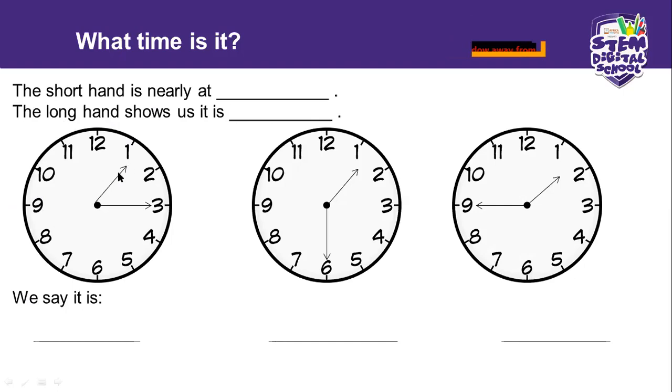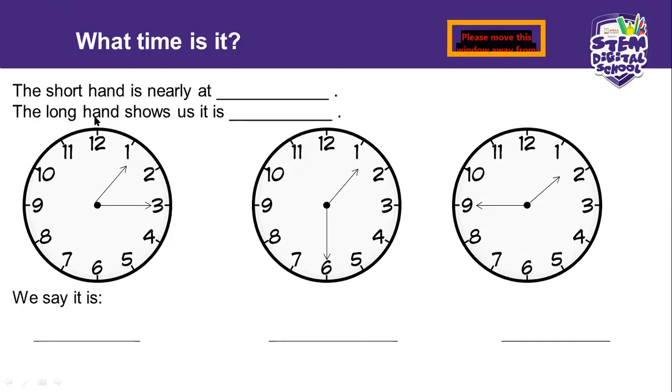There is our shorthand. Our shorthand is nearly at, okay? Because it has moved away from 1, it's going towards 2. So our shorthand is nearly at 2. We can't say 1 because it's not going back, it's moving forward.